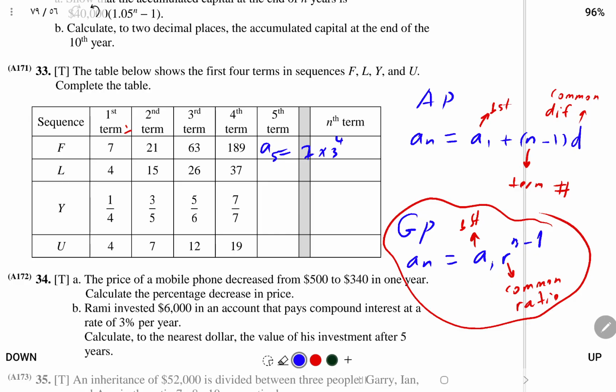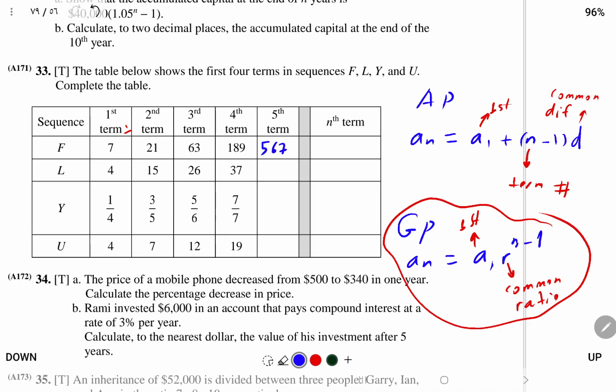So 7 times 3 to the power of 4, 7 times 81, you get 567. So let's write it here, 567.